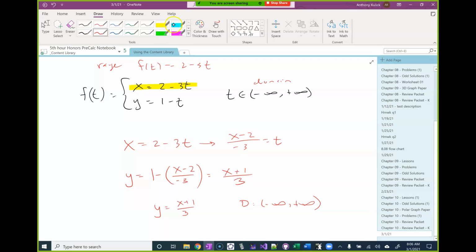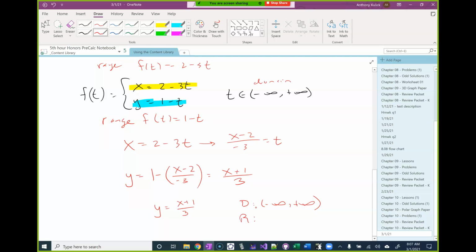Okay. Then let's look at the y. That's going to tell us about the range. Again, to figure out y, we're going to look at the range of the function f of t equals 1 minus t, where the domain, again, is all real numbers. If I look at that function, 1 minus t, what kind of function is that? Again, linear function.